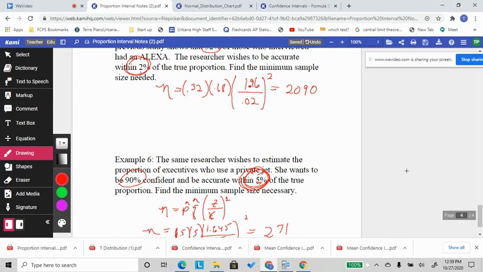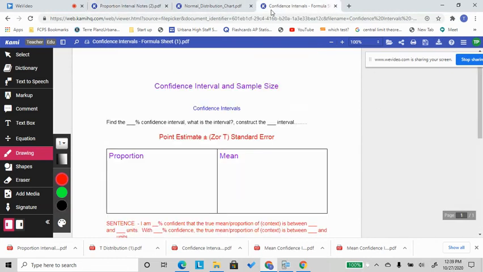Okay, so that's the first section. So let me fill in these formulas again. So proportion formulas. Here's your standard formula for anything you're doing. You find the confidence interval when they ask you to find the percent confidence interval, what is the interval, construct the interval. Any of those questions will help you with that.